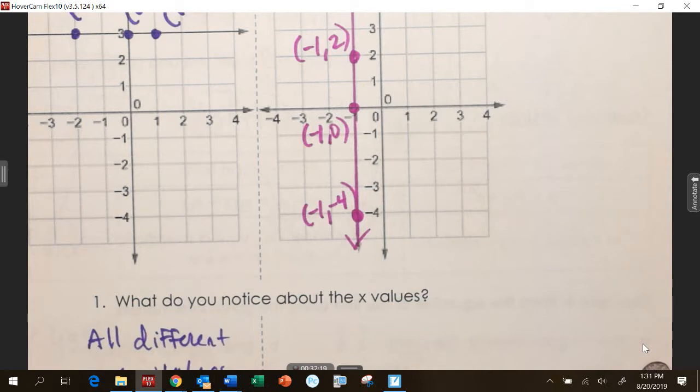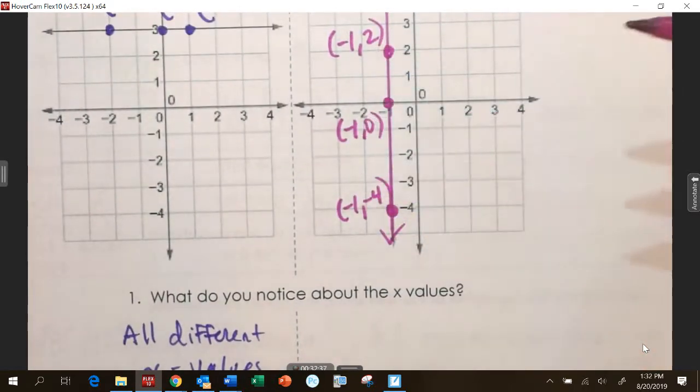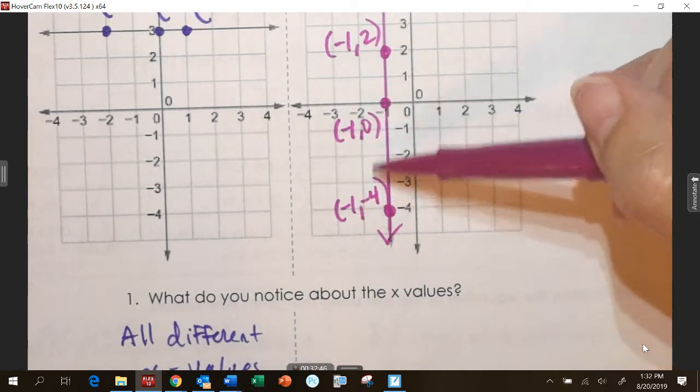Max, what do you notice about the x values for the second one? That's your name, right? What do you notice about your x values? The x values are the first number for each ordered pair.